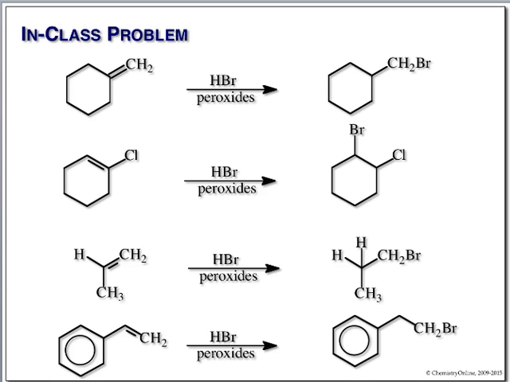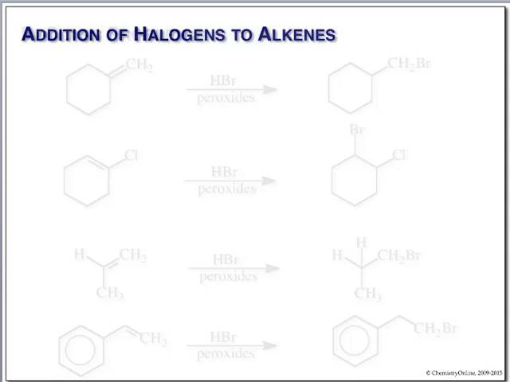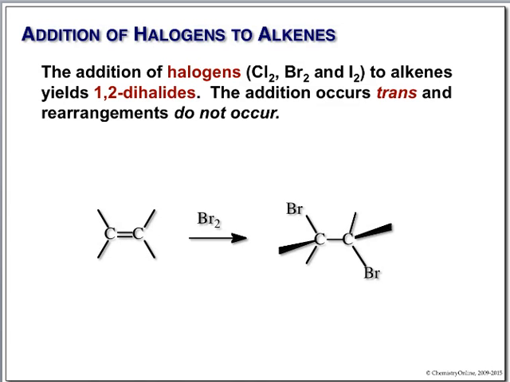With peroxides, we will do anti-Markovnikov. Bromide will add to form the most stable radical, which means that the halogen is on the other carbon, the anti-Markovnikov carbon. Any questions? All right, next reaction.